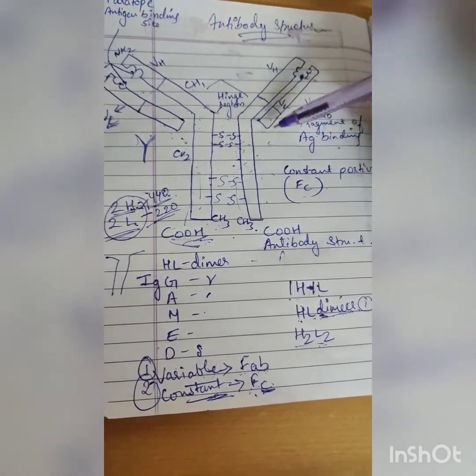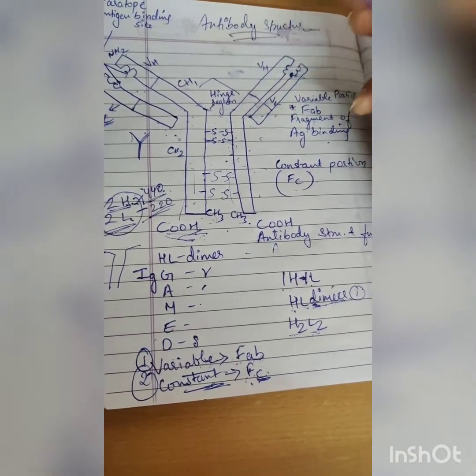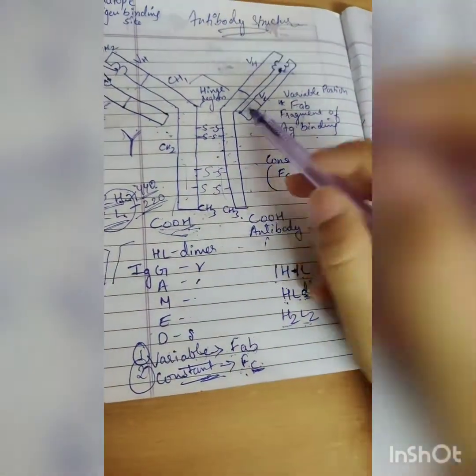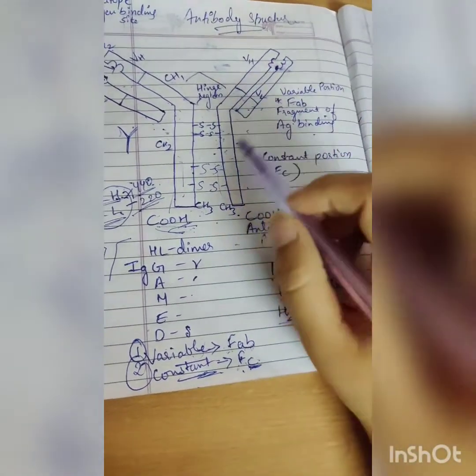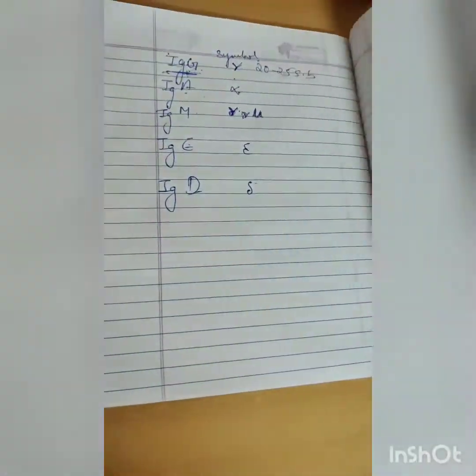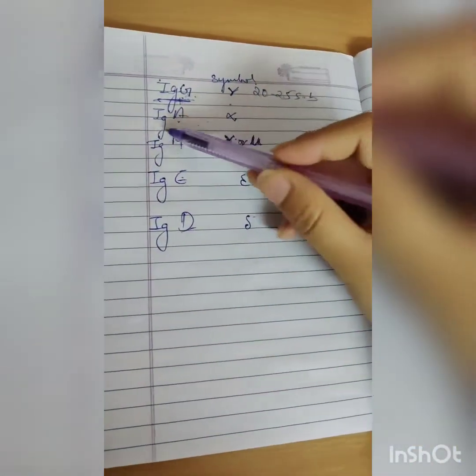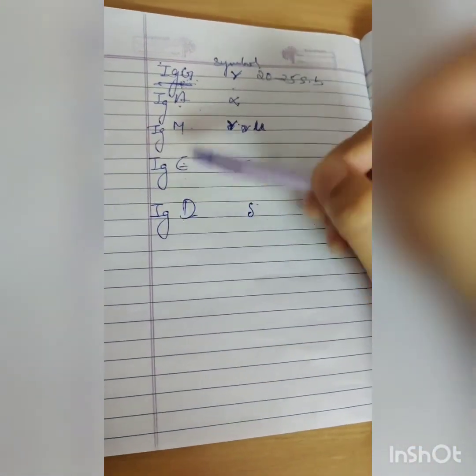There are 5 types of antibodies. H is for heavy chain and L is for light chain. L is light or small, H is heavy and big. The 5 types of antibodies are IgG, IgA, IgM, IgE and IgD.